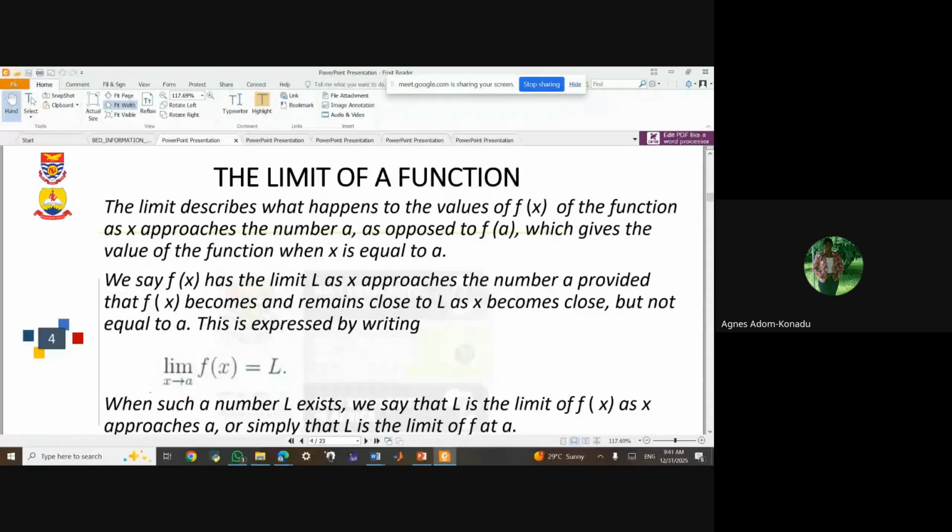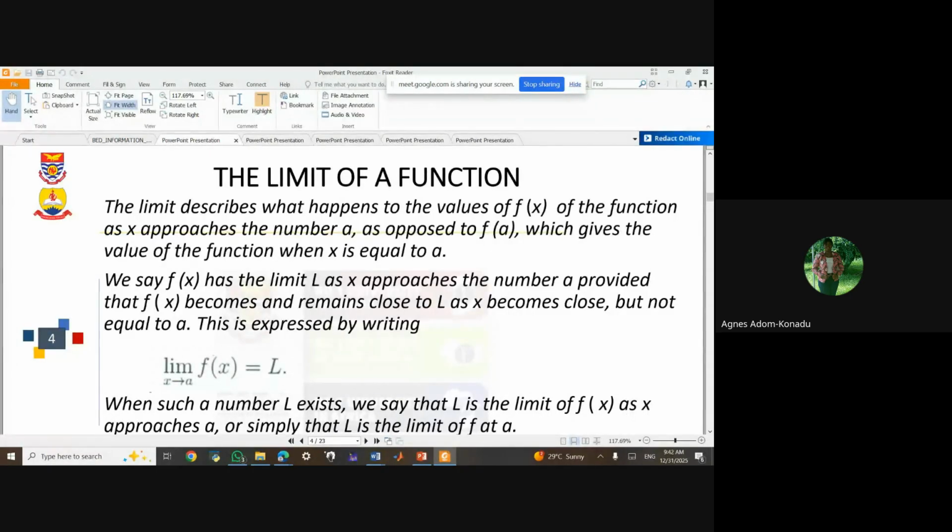The limit describes what happens to the value f of x of a function as x approaches a number a, as opposed to f of a, which gives the value of the function when x is equal to a.